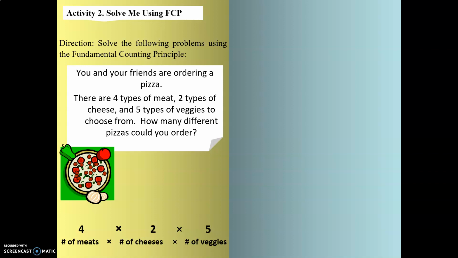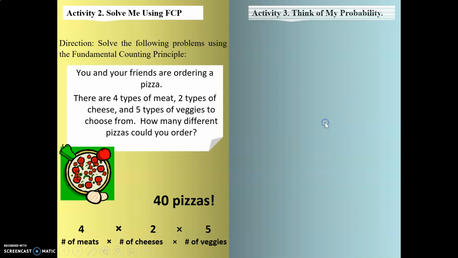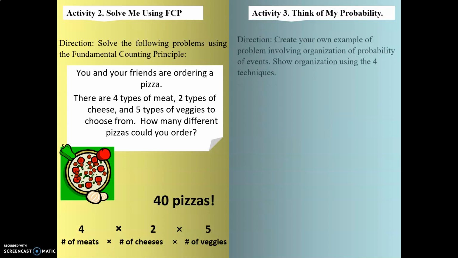So, basic counting principle, we simply multiply 4 times 2 times 5. There are 40 different pizzas that you could order. As simple as that.